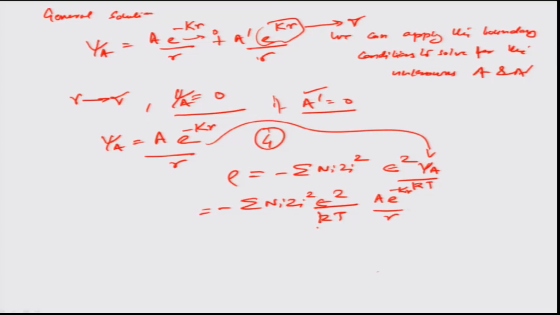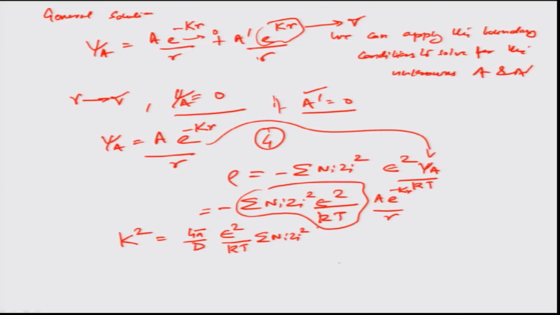And already we know that the value of capital K square has been represented as 4 pi by d epsilon square by small k t times sigma ni zi square from the last equation. So, this whole term ni zi square times epsilon square by k t can be written as K square times d by 4 pi.